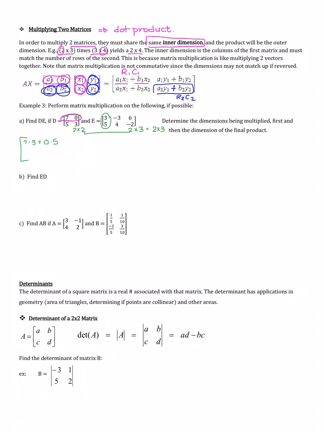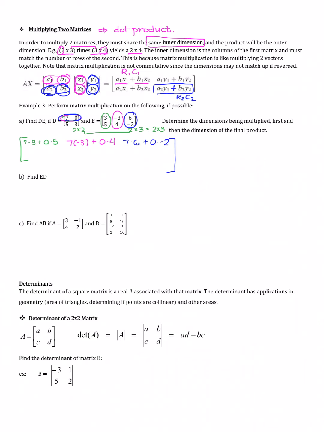So then row 1, column 2 is going to go in the row 1, column 2 position, so 7 times negative 3 plus 0 times 4. Then I'm going to have row 1 times column 3 goes in the row 1, column 3 position, 7 times 6, plus 0 times a negative 2.